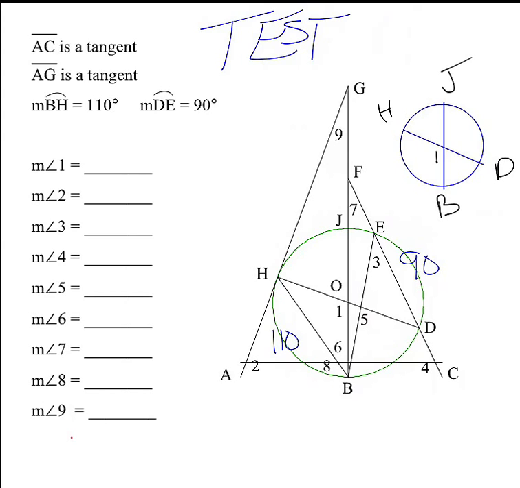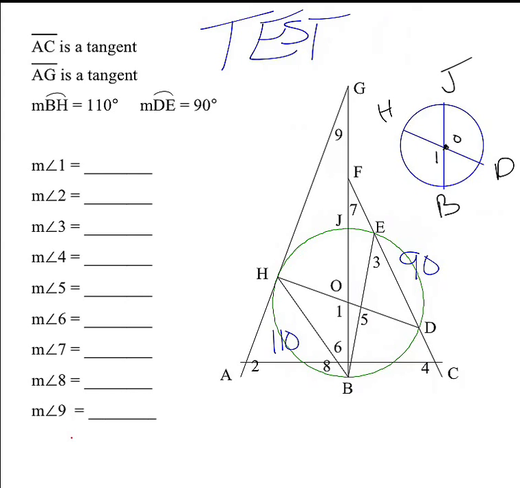What I have to remember is this is circle O. So this point right in the middle of my circle is the center of the circle. So both of these are diameters. So the piece that I have would be HB.